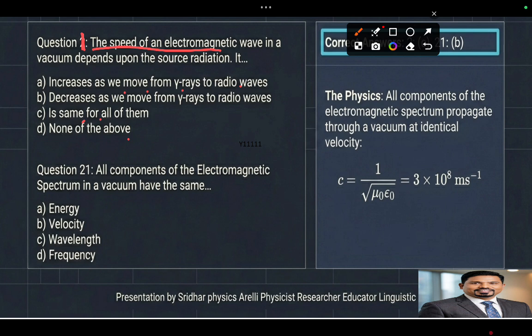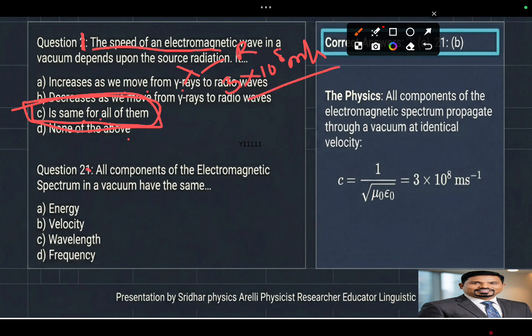The speed is the same for all of them. Gamma rays to radio waves all travel with a speed of 3 times 10 to the power 8 meters per second, equal to the speed of light.